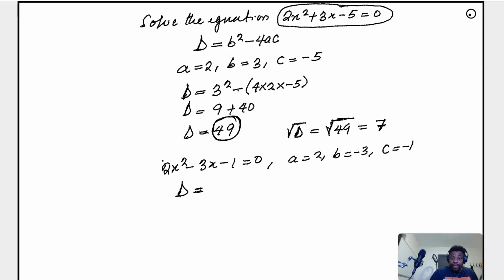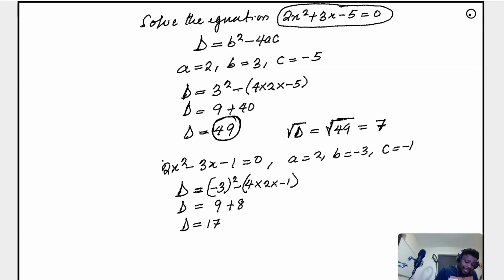If D is not a perfect square, then we cannot use the factorization method. So D is B squared minus 4AC. So B squared, that is minus 3 squared, minus 4AC. A is 2 and C is minus 1. So this is 9 plus 8. So D here is 17.